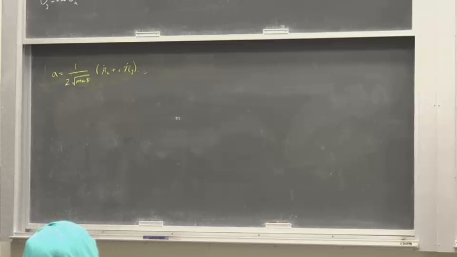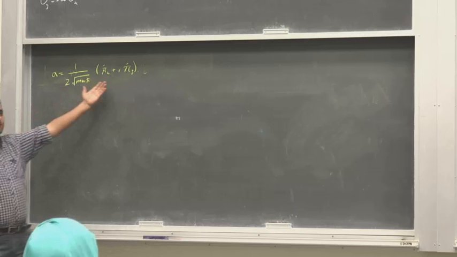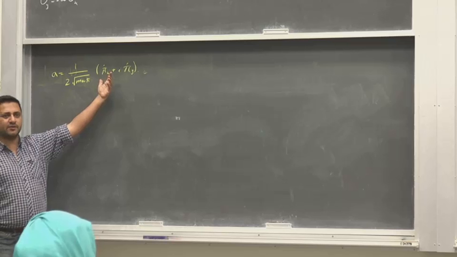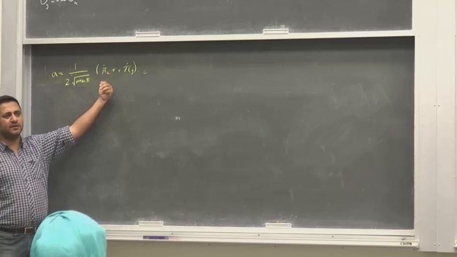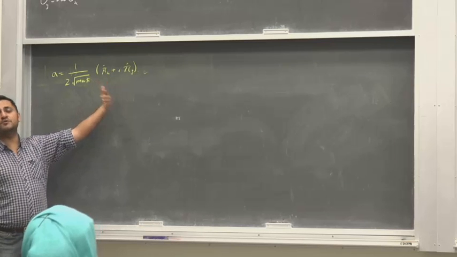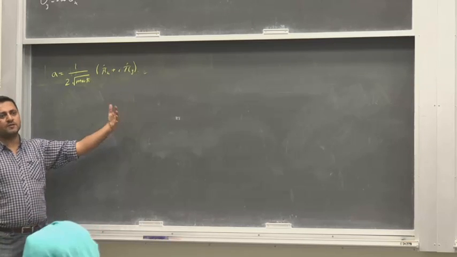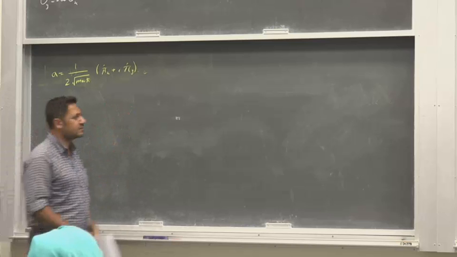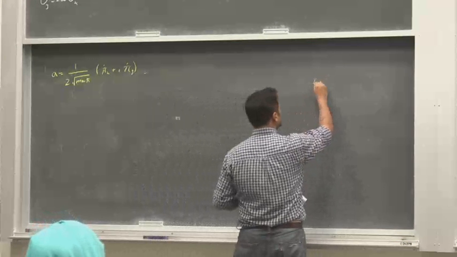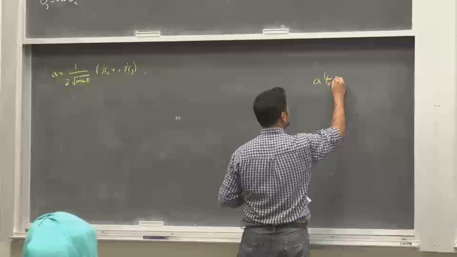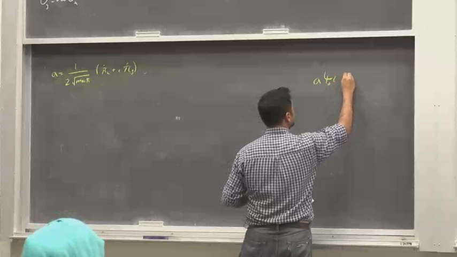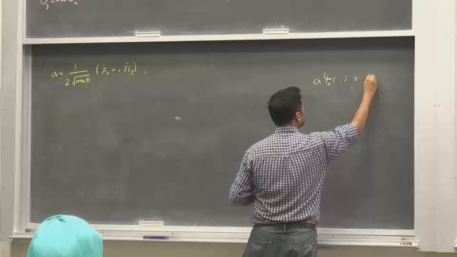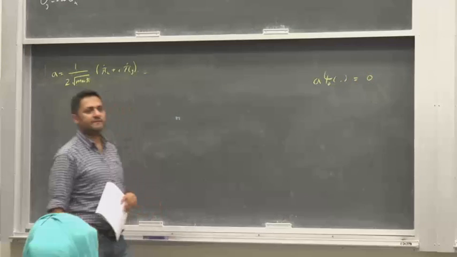All I need to do is write this. I know what this operator is, and I also know the expression for the value of pi x. I'm going to write these operators in position basis. Once I write them in position basis, I know I have to solve for this wave function, because the ground state, whatever it depends on, is annihilated by A.